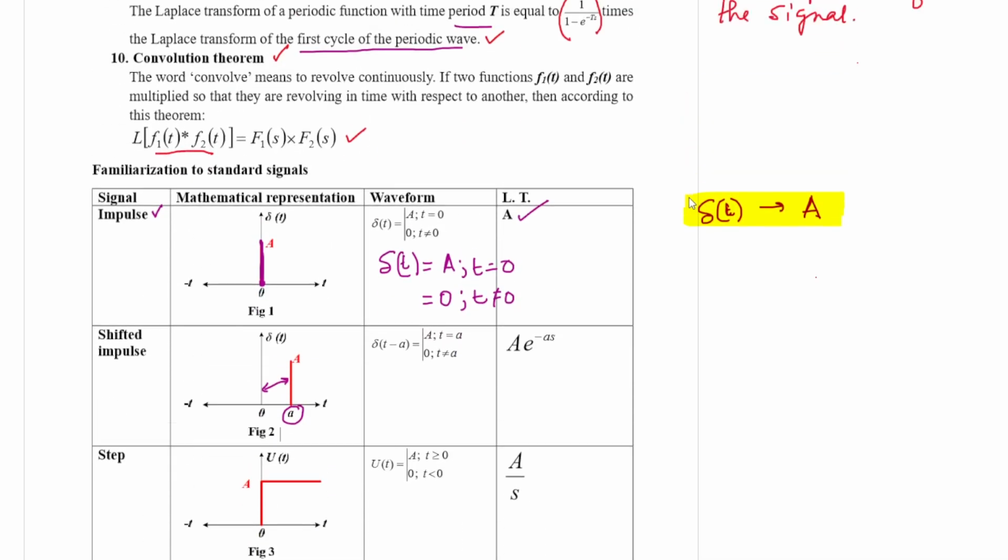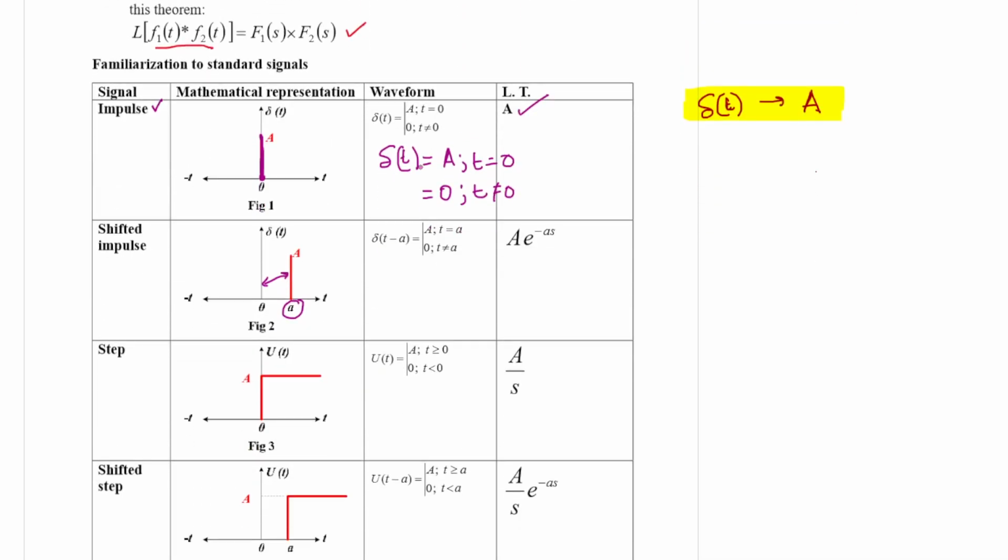The original impulse has magnitude A, and that is its Laplace transform. Since it is shifted in the time domain, in the frequency domain it should be multiplied by the factor e to the power minus as. So for a shifted impulse, the Laplace transform will be A e to the power minus as.